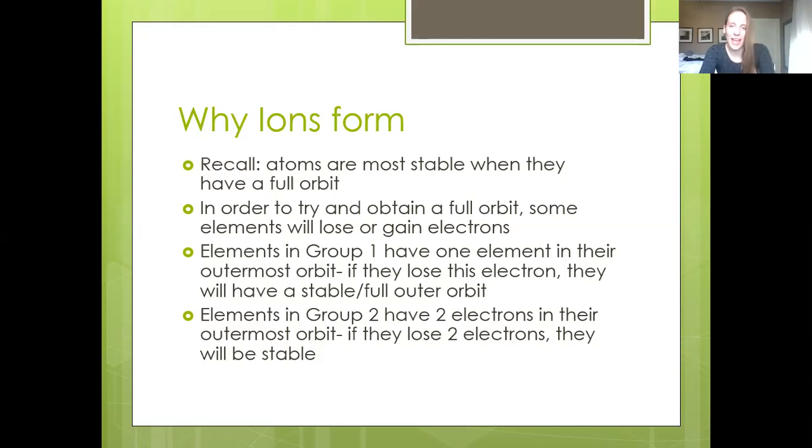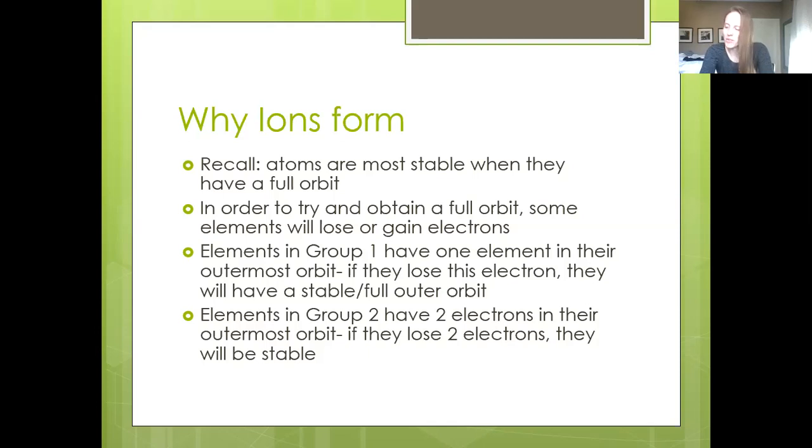So in order to try and get full orbitals, some elements, metals, will lose electrons, and other elements, usually our non-metals, will gain electrons. So for example, all elements in group 1 have one electron in their outermost orbit. And so they just want to lose that electron in order to become stable.